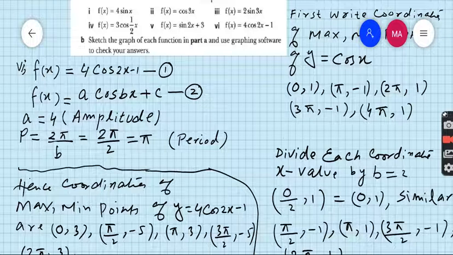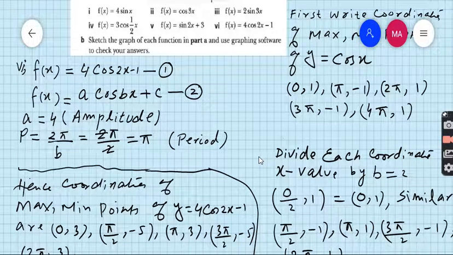Therefore, the value of b is 2. Now, 2 pi upon b is equal to 2 pi upon 2. We cancel this 2 by this 2 and we get the period is pi. The second requirement has been fulfilled. The first requirement is the amplitude, which is 4. The second requirement is the period, which is pi.